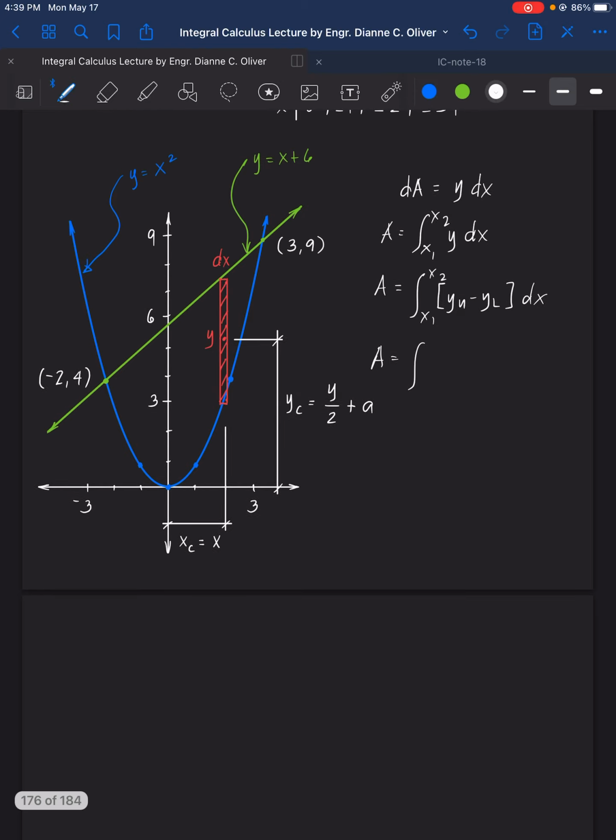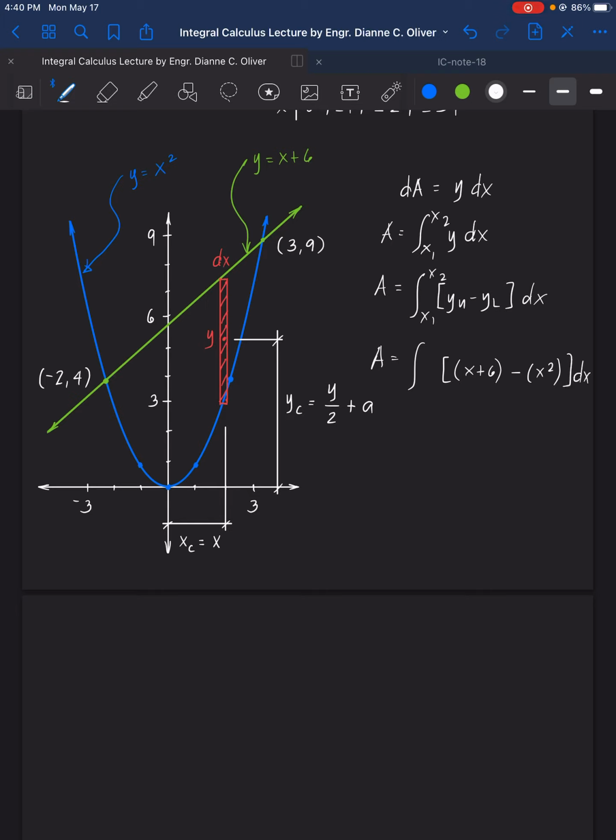Therefore, our y upper here is x plus 6 minus our y lower, x squared, dx.